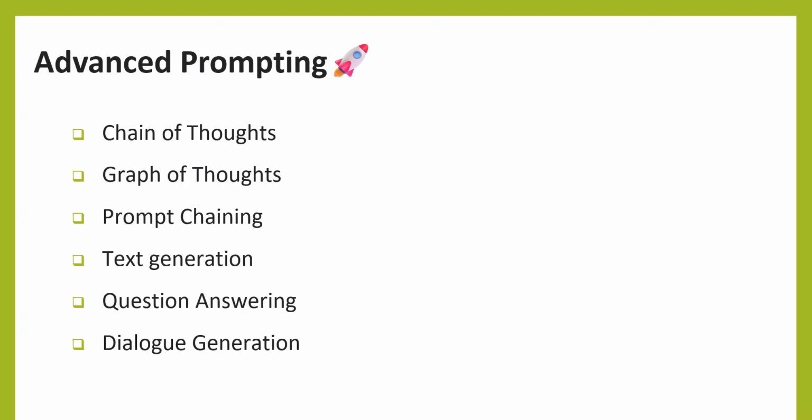Next comes advanced prompting, which is a technique used to improve the performance of language models by providing them with more informative and structured prompts. Here, the goal is to enable the model to generate more accurate and relevant responses. Some advanced prompt techniques include chain of thoughts, which provides the model with a sequence of prompts that are related to each other.